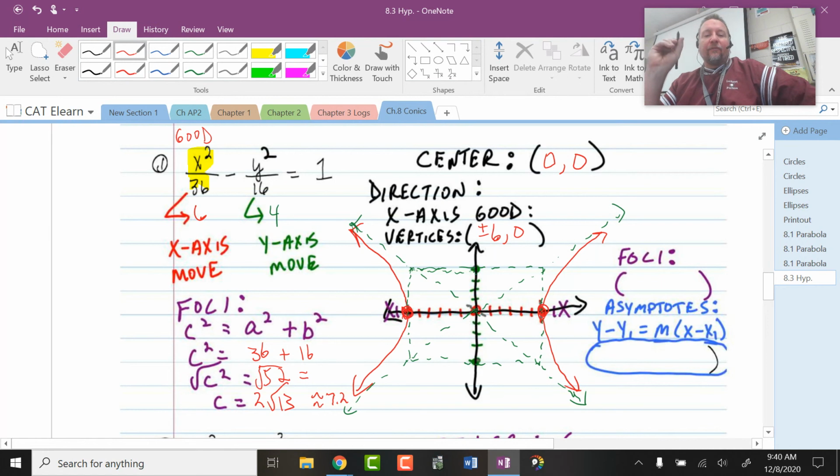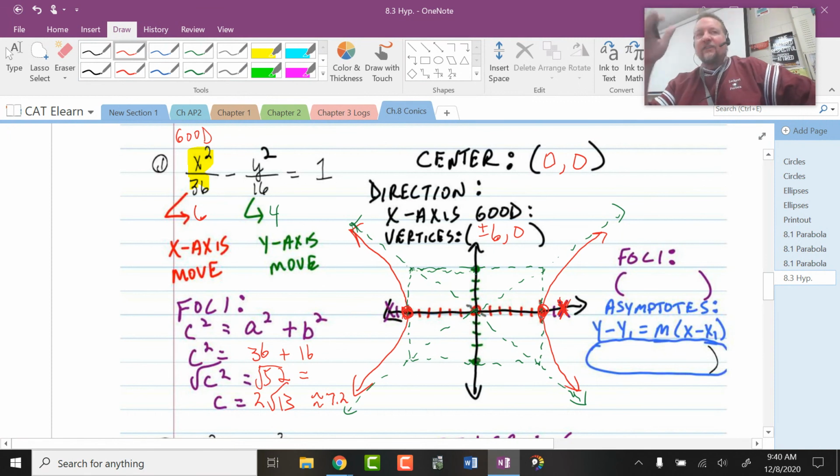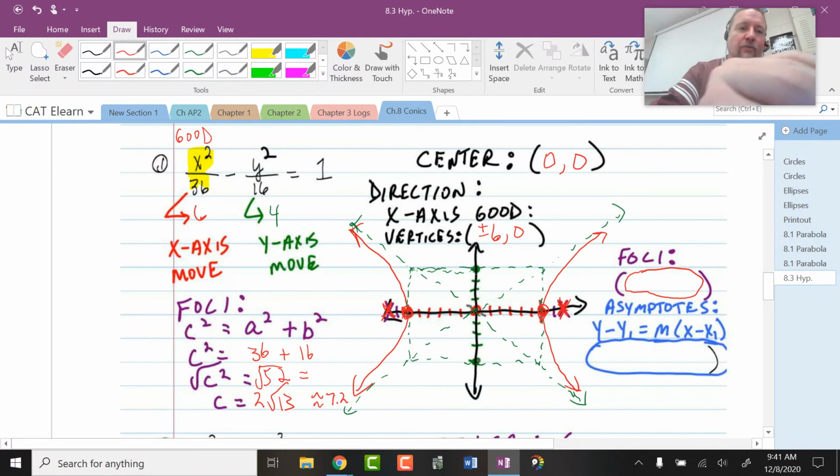Okay, which way do we have to go for the foci? So which way do I have to move for the foci? From the center. You are correct. Notice I put 7.2 because here's 6 and then 7.2. Our X marks the spot, just like I did with parabolas. I made it like an X just to make it look different, and then negative 7.2. So how do I write the foci over here in exact form using 2 root 13?